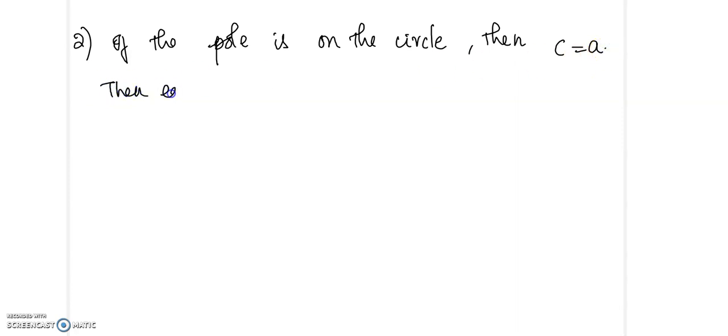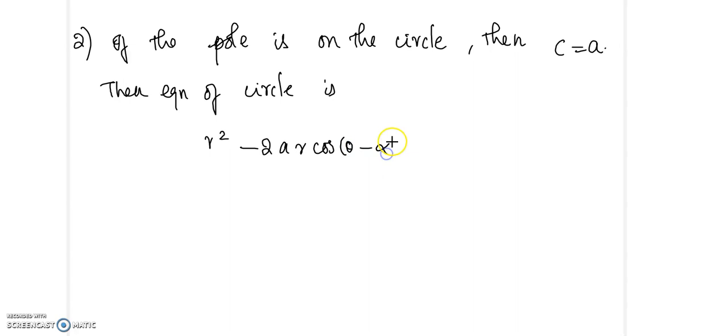Then the equation of circle is, so when C is equal to A, you will get r square minus 2ar cos(theta minus alpha) plus c square minus a square, which is a square minus a square, equal to 0.